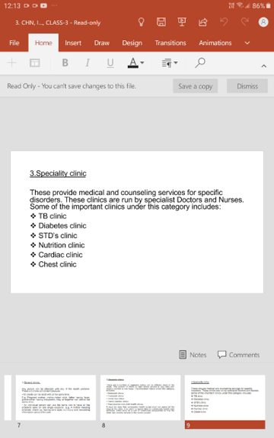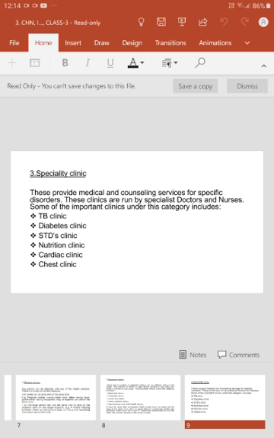The third one is specialty clinic. I have told you, the specialty clinic is run by specialist doctors and nurses, and we can provide medical and counseling services for specific disorders. For example, diabetic clinics, sexually transmitted disease clinics, TB clinics, nutrition clinic, cardiac clinic, and chest clinic.